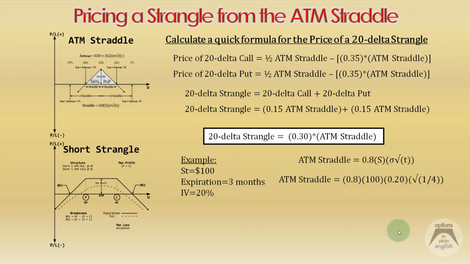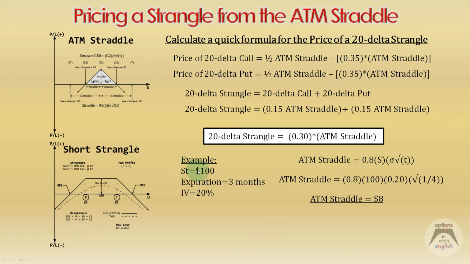The square root of 1/4 is 1/2, so it's going to be easy to calculate. So we can do it in our heads here. 0.8 times 100 is 80, times 0.20 is 16, times 1/2 is going to be 8. The at the money straddle is $8.